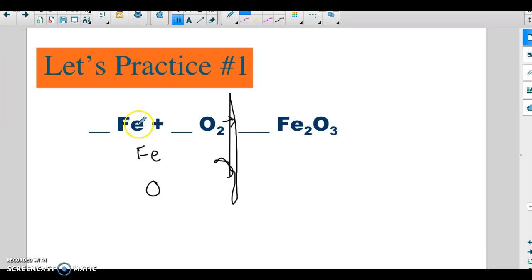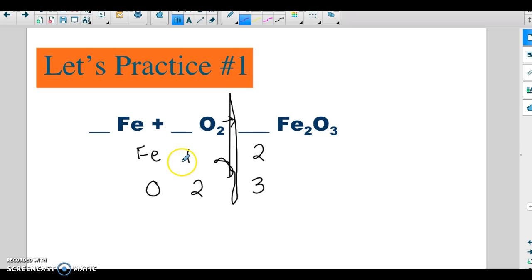So before I even start, I have 1 iron over here. I have 2 oxygens. And then when I get to the product side, you can see I have 2 irons and 3 oxygens. So I can balance these in any order, and I recommend that you use a pencil because sometimes you'll change your answers.